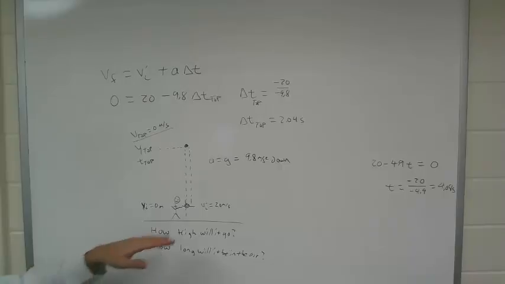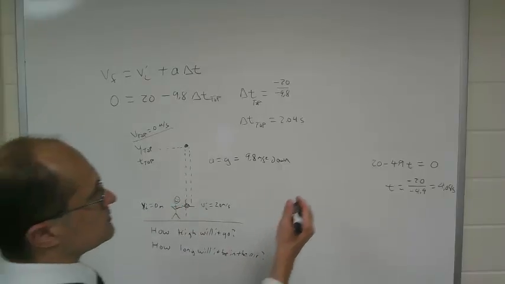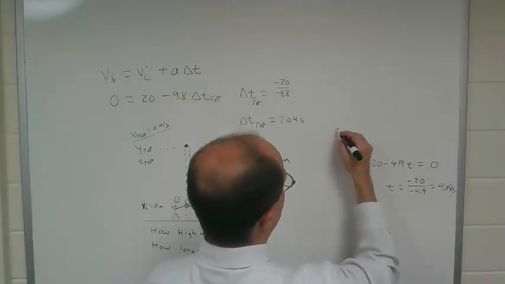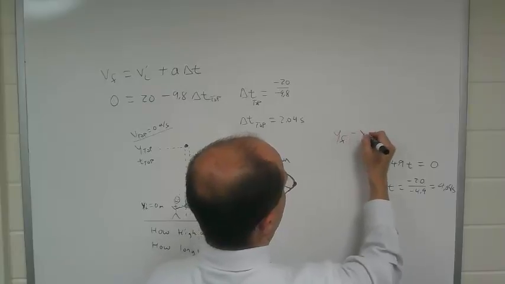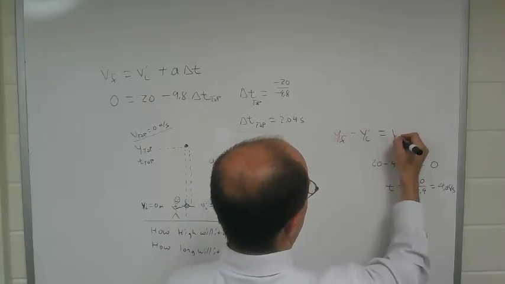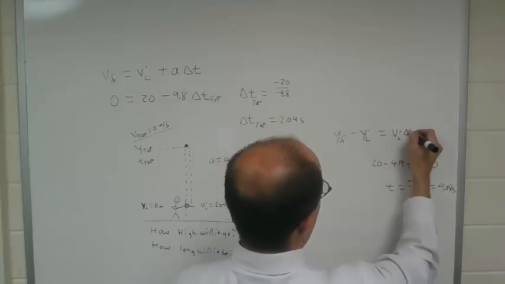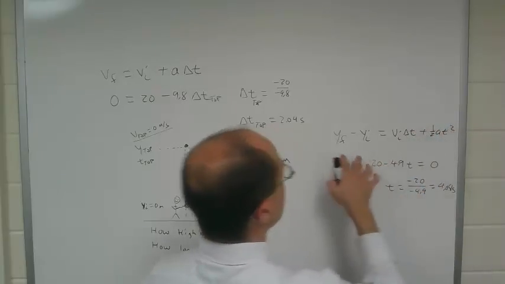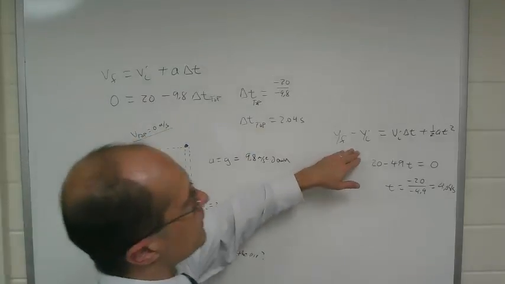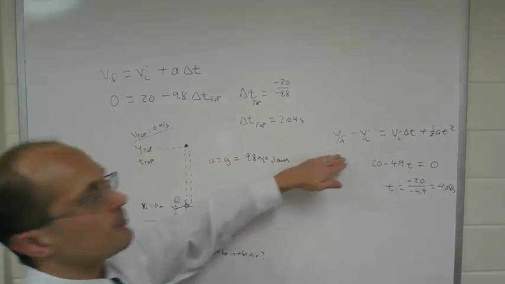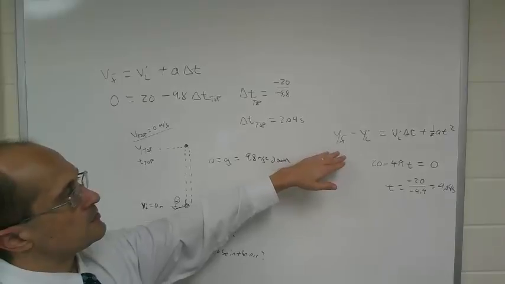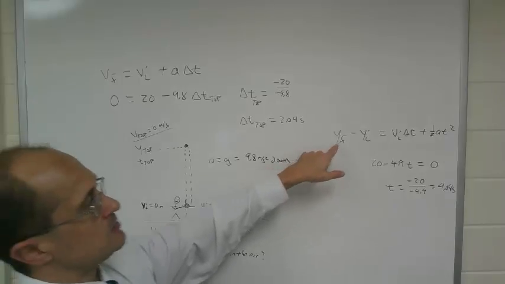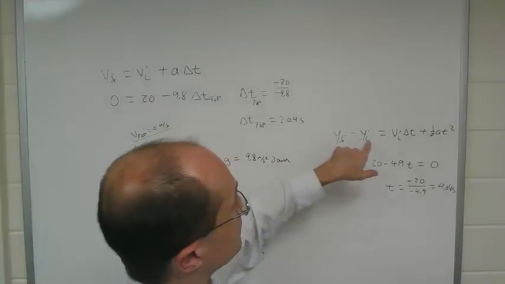All right? So this was just another way to think about using that equation, where in this case it should have been y final minus y initial is equal to v initial delta t plus 1/2 a t squared. That was another way to think about this equation. It tells us properties of our ball's location, our object's location, based on final and initial positions.